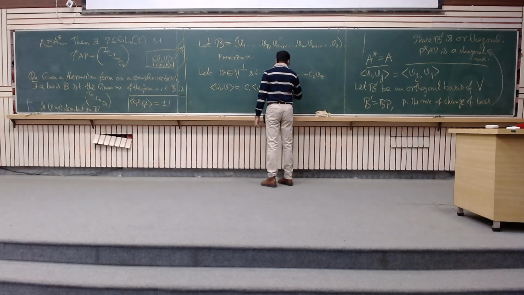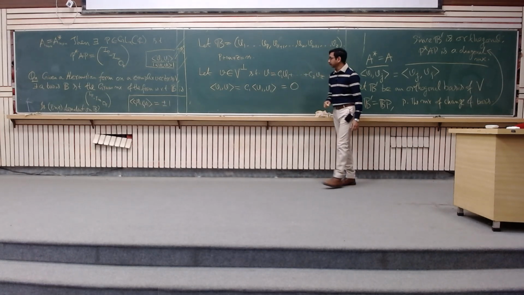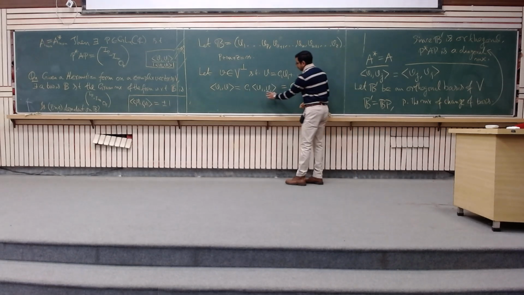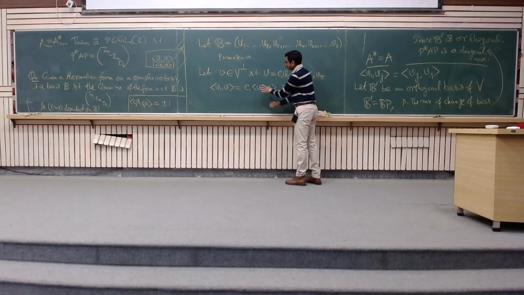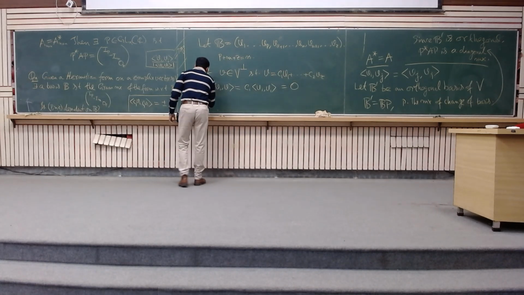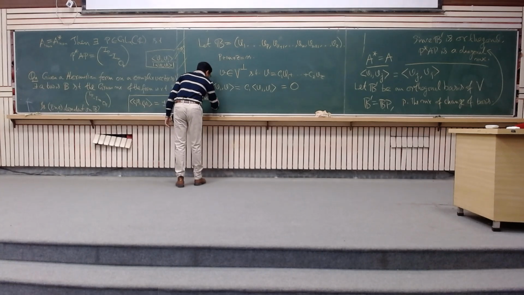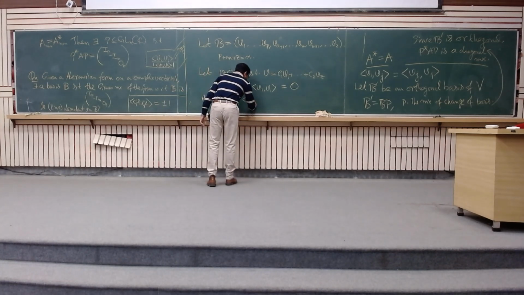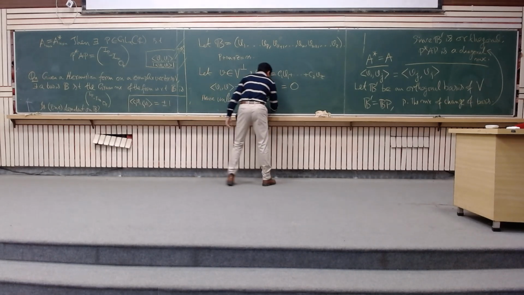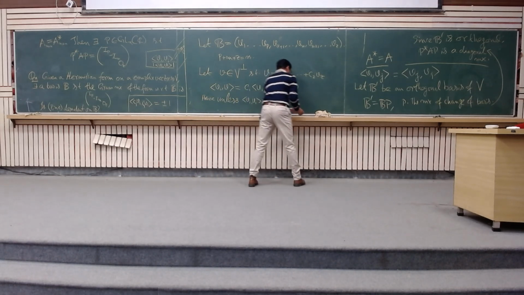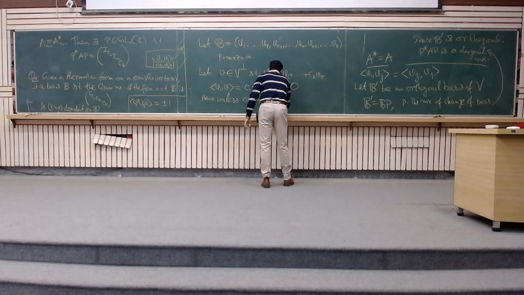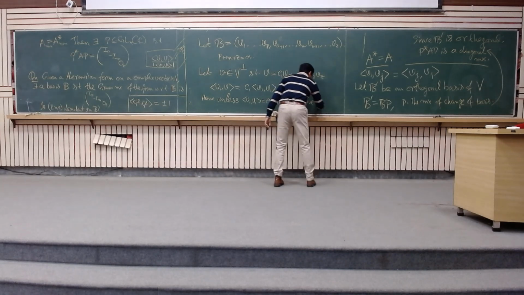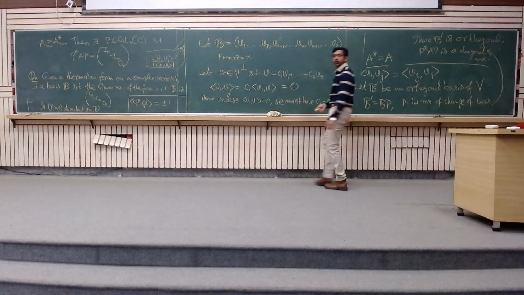So unless Vi is equal to 0, we must have Ci equal to 0.